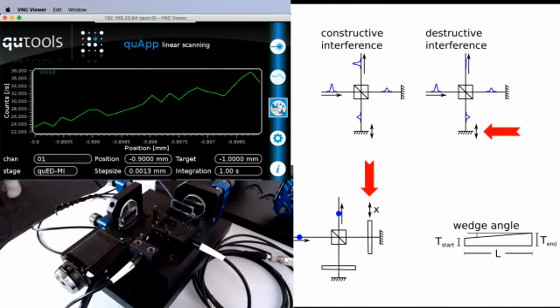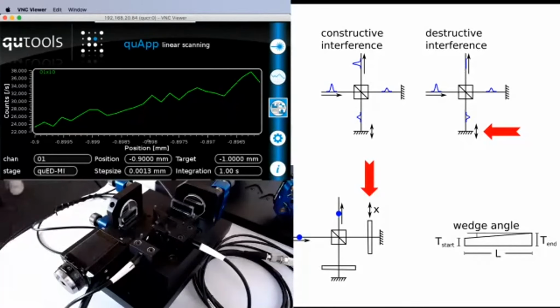So what will happen now is that this stepper motor will go continuously in one direction, and it'll move in some steps. And what you see here in this position window, on this x-axis, is the position of this wedge window, laterally to the beam, right, perpendicular to the beam. So this is what this wedge window will move, but it's not what we could put directly into the equation if we would move the mirror, right?